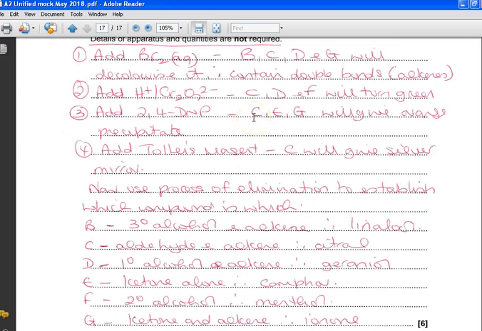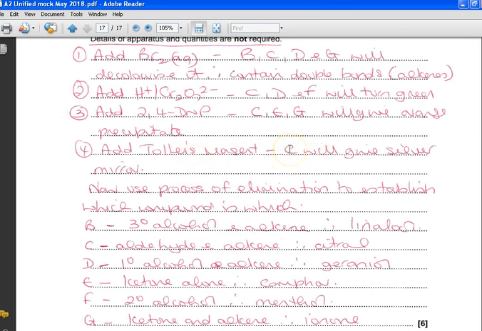We also got a positive response for C from 2,4-DNP, which shows there's a carbonyl compound there. So there's the aldehyde aspect of it, and it also responded to Tollens' reagent, didn't it?